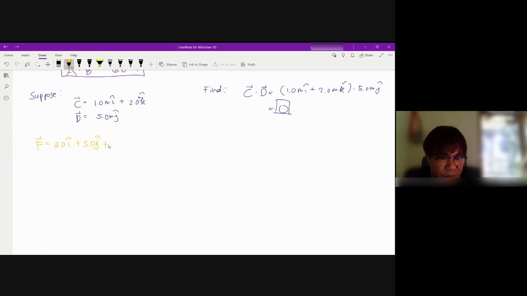But then you have to take note nga kung naay unit, i-carry over lang gyapon ninyo ang unit. Suppose na minus k hat. Kung ipa-solve sa inyo ang magnitude ani, ang magnitude sa f.